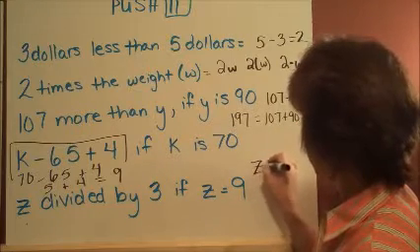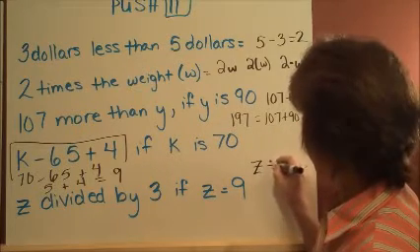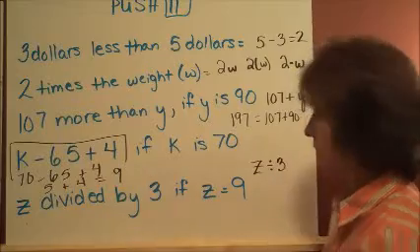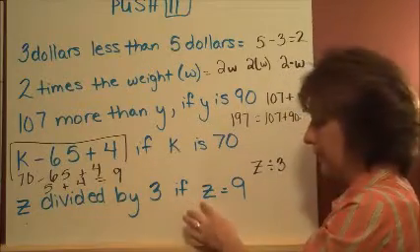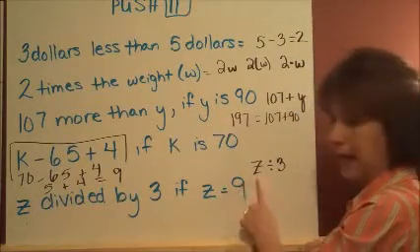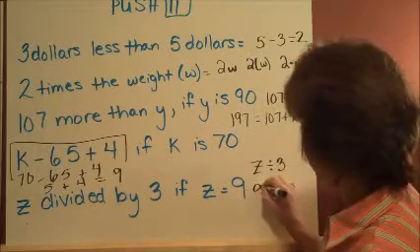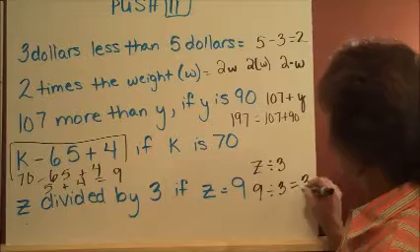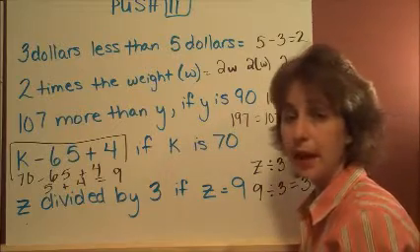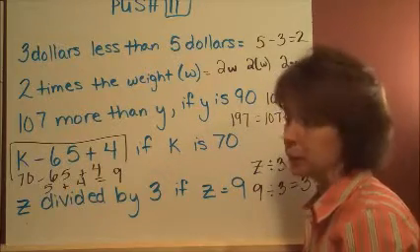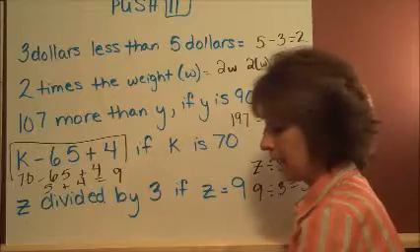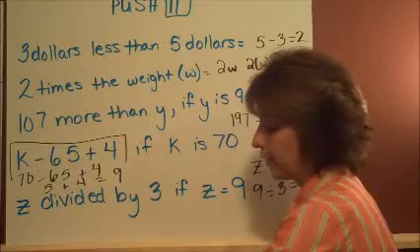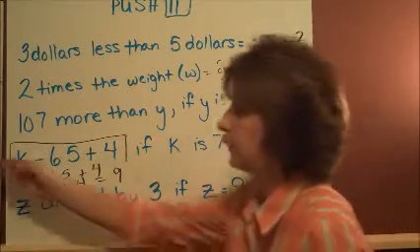So z divided by 3 is my expression, and z is 9. So I'm going to take out z and put in 9. 9 divided by 3 is 3. We have evaluated expressions, and evaluating an expression means finding its value.